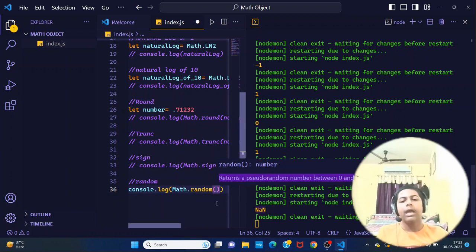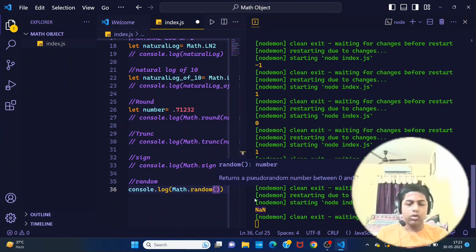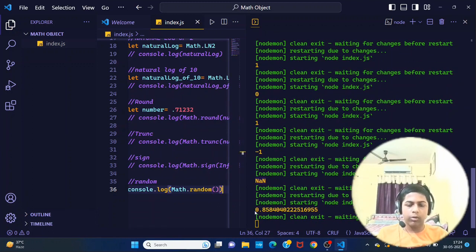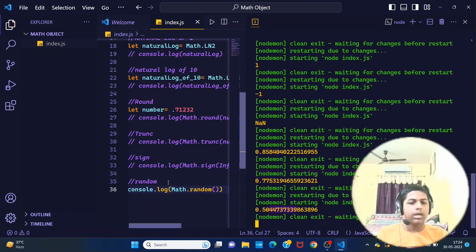But what does that function take? It takes the starting number and the ending number, and generates a random number in between both. But right now in JavaScript, we are having a pseudo random decimal number between 0 and 1. So we do not need to give any parameter at this point. We just save this and we get a random number every time: 0.85, 0.77, 0.50. That's random.